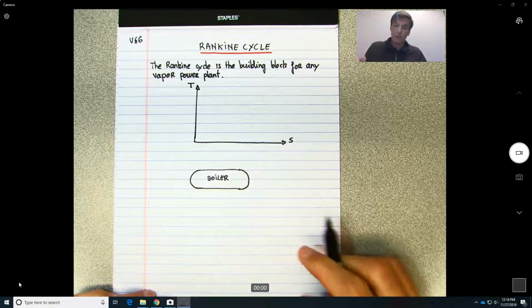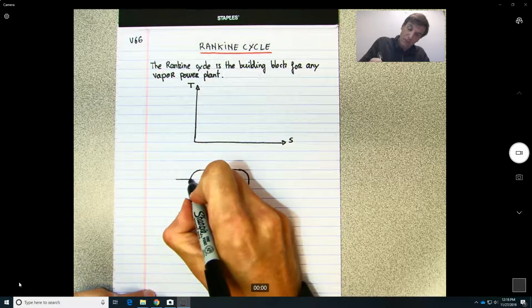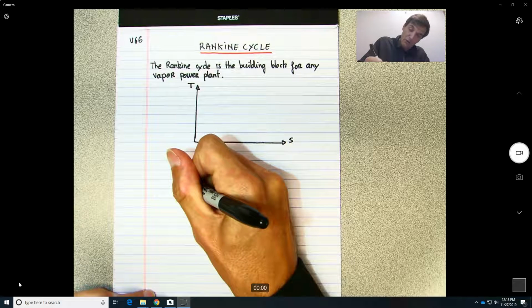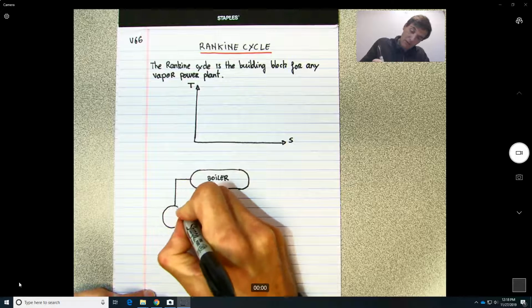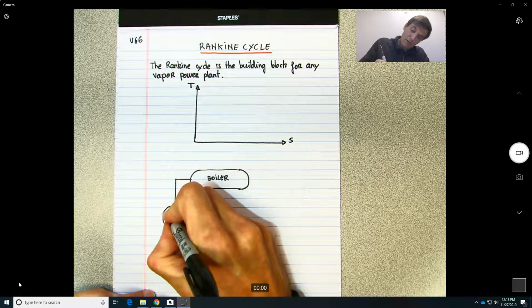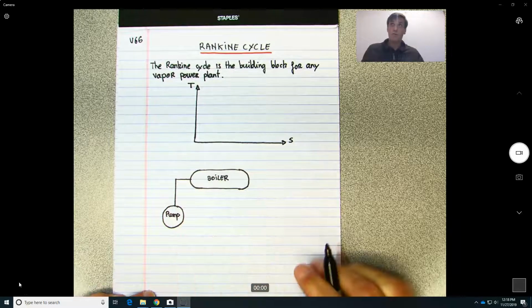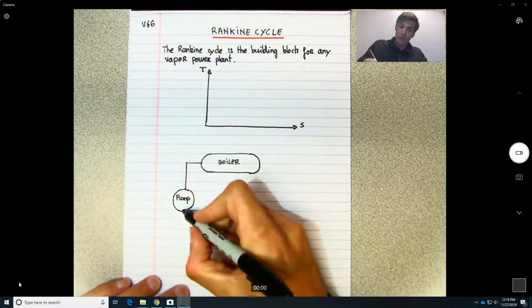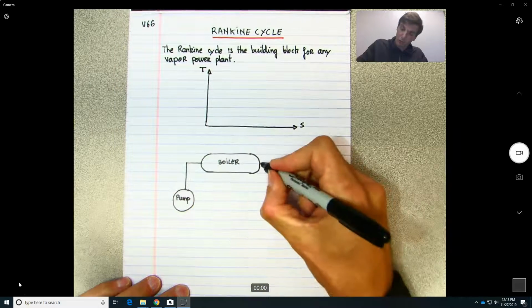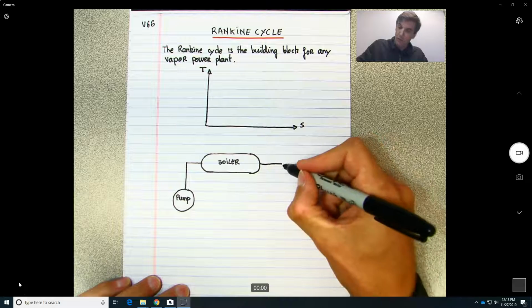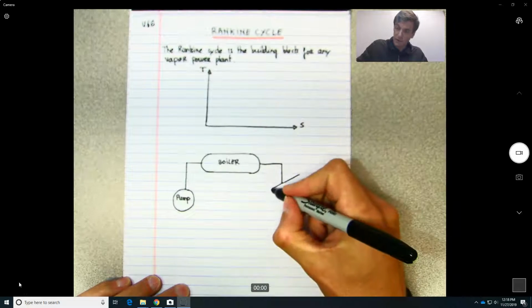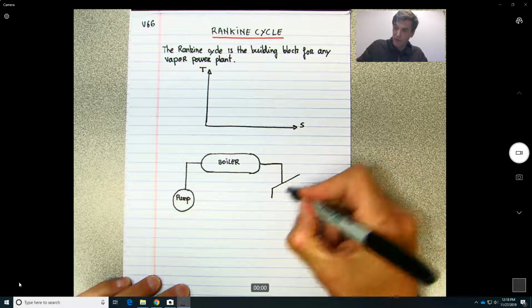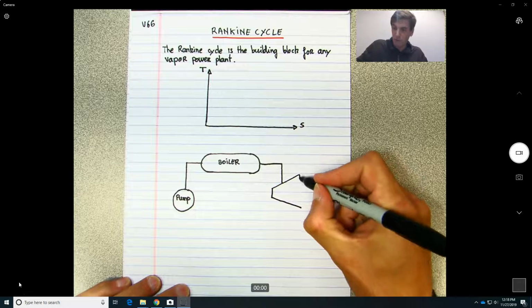What else do we need? So the boiler, so if we need water to put into the boiler, but we're going to need a pump to pump the water into the boiler. So we pump water, it goes up, we put into the boiler, we boil it. We're going to put this into a turbine that would generate the power.